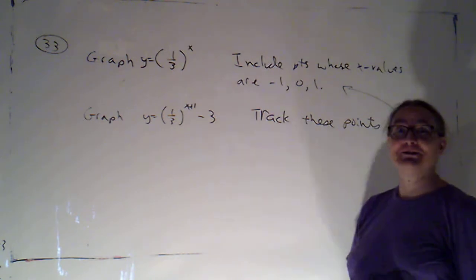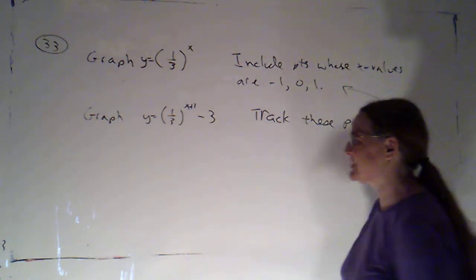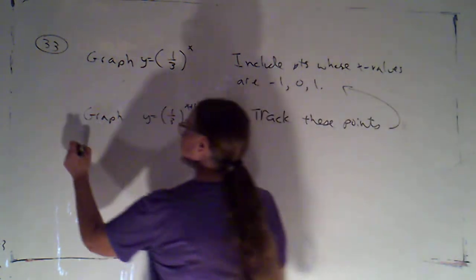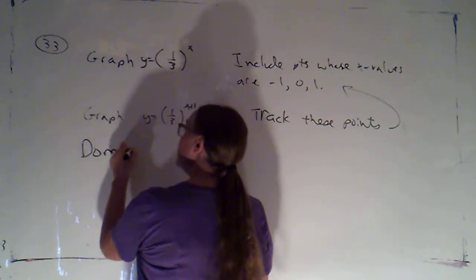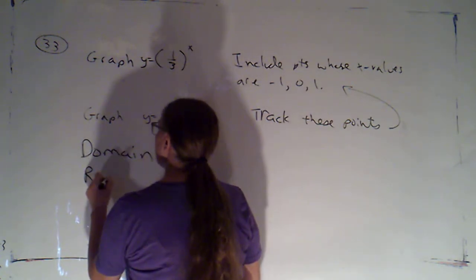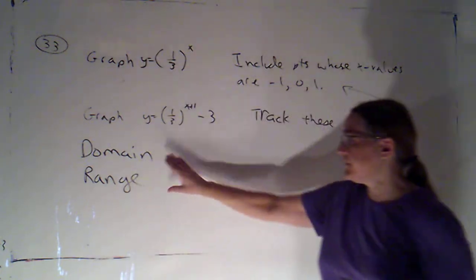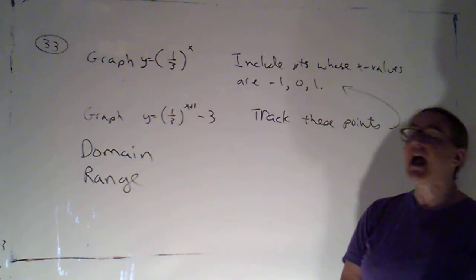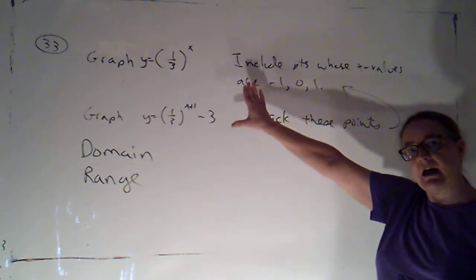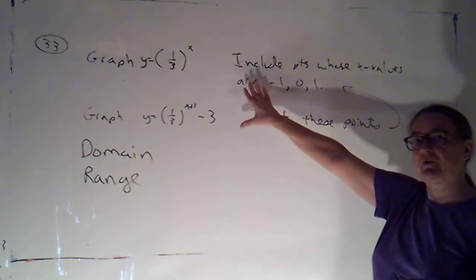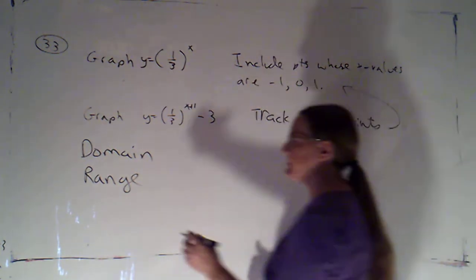Now I also want to include the directions that are given in your textbook. So once you've graphed it, state the domain and state the range. Give both of those in interval notation. And anytime you have an exponential function, you're going to have a horizontal asymptote.